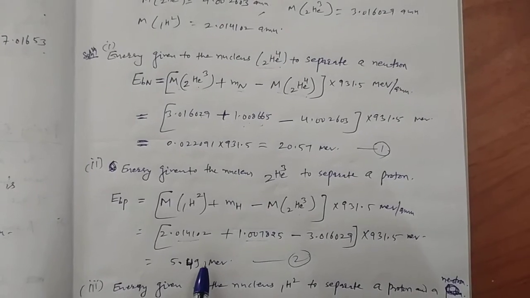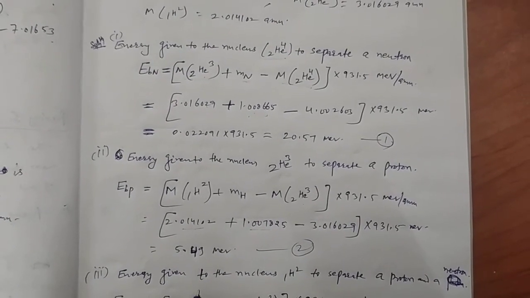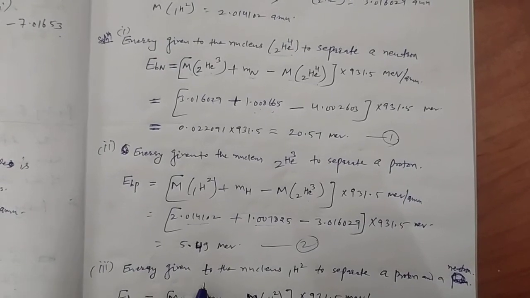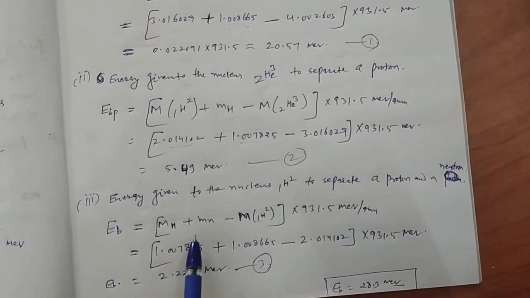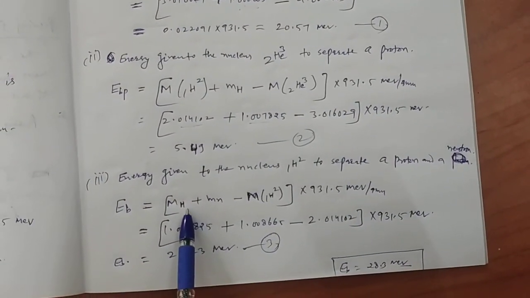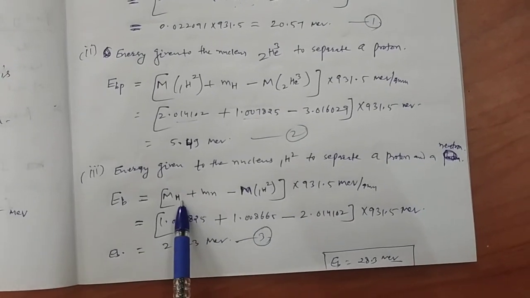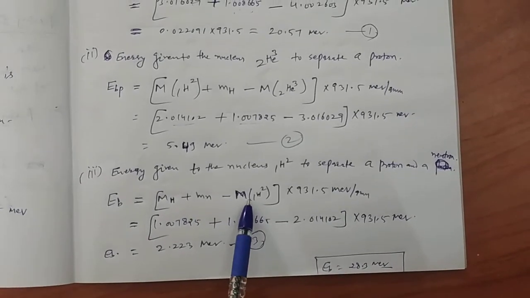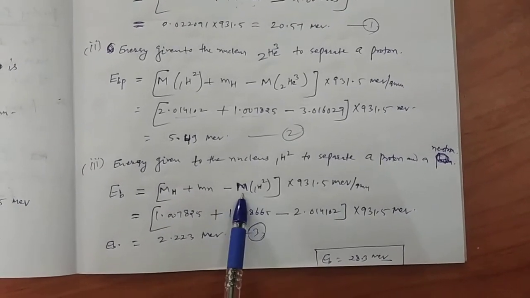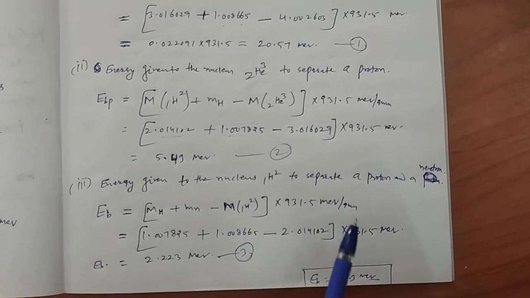Now the remaining nucleus is 1H2. Finally, we want to remove one proton and one neutron from this nucleus. We can write this as the mass of hydrogen atom, which is the mass of proton, plus the mass of neutron, minus the exact mass of the nucleus 1H2, and multiply it by 931.5.